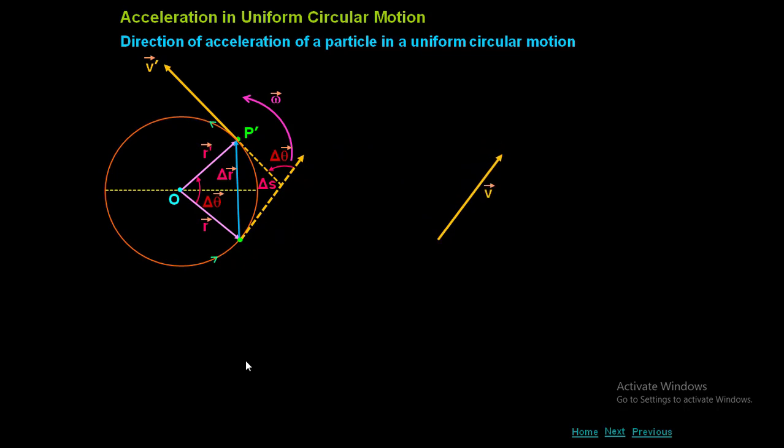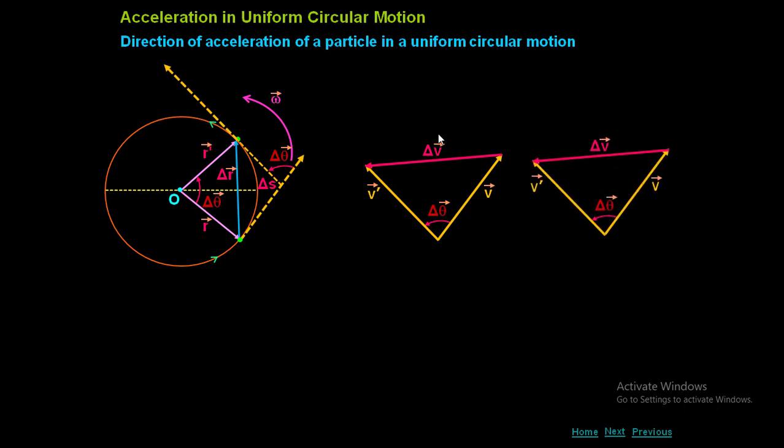Now consider v bar and another vector v dash bar, both at the same particular point. That is delta theta bar, as we already mentioned here. Now this line represents delta v bar, which is nothing but the change in velocity.